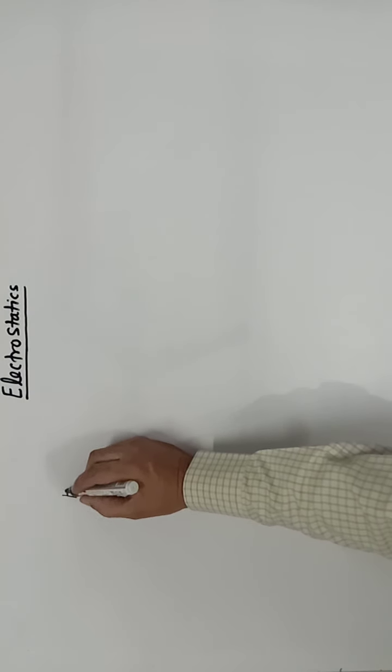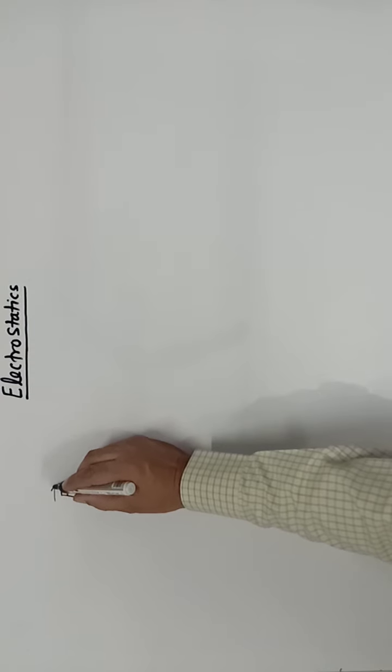Initially, the concept of electric field was given by Faraday. There is a term related to the electric field, that is electric field intensity. It is denoted by E. It is a vector quantity. It is defined as the force experienced by a unit positive charge placed at that point.